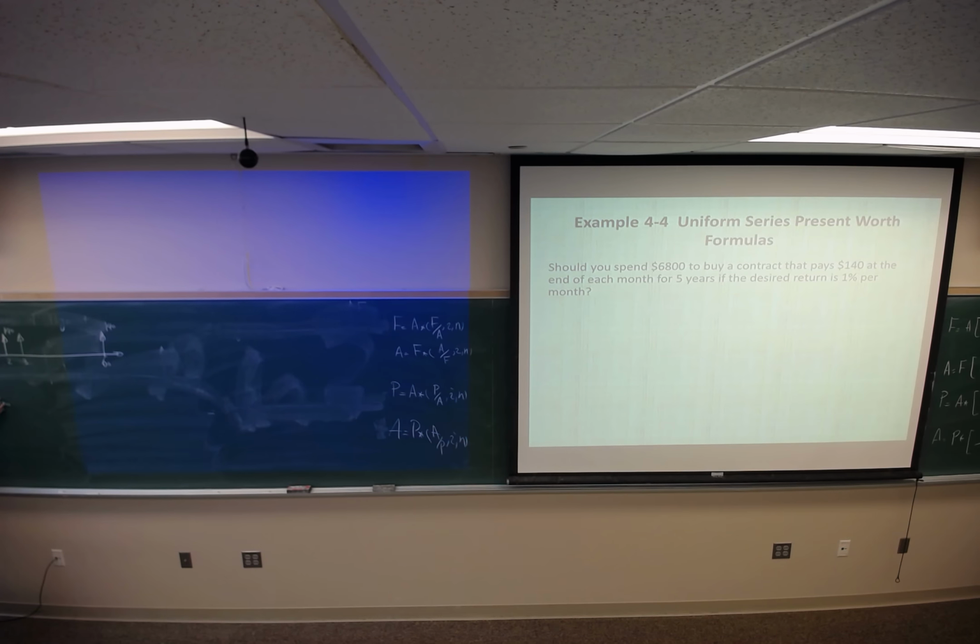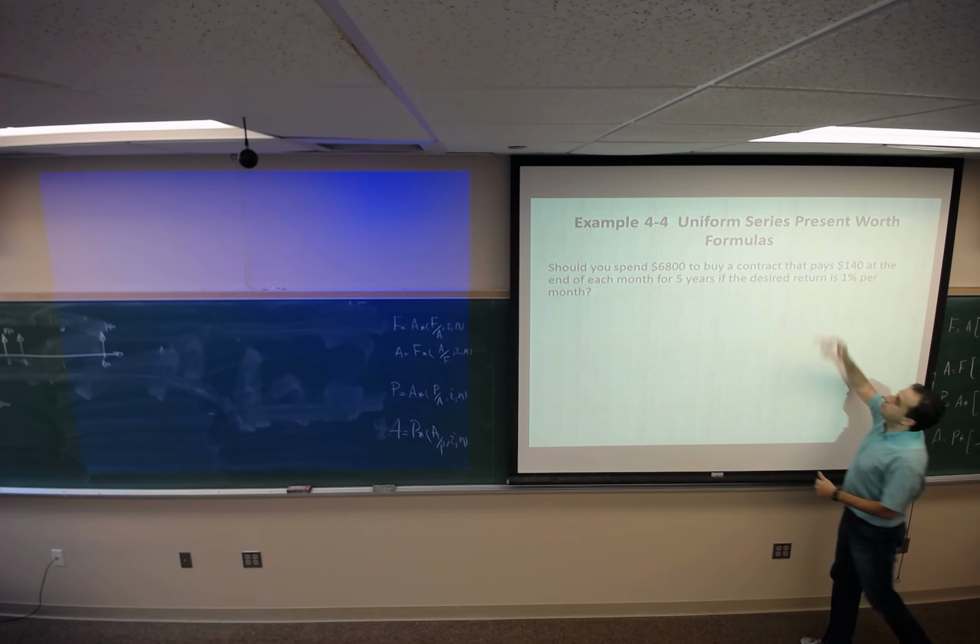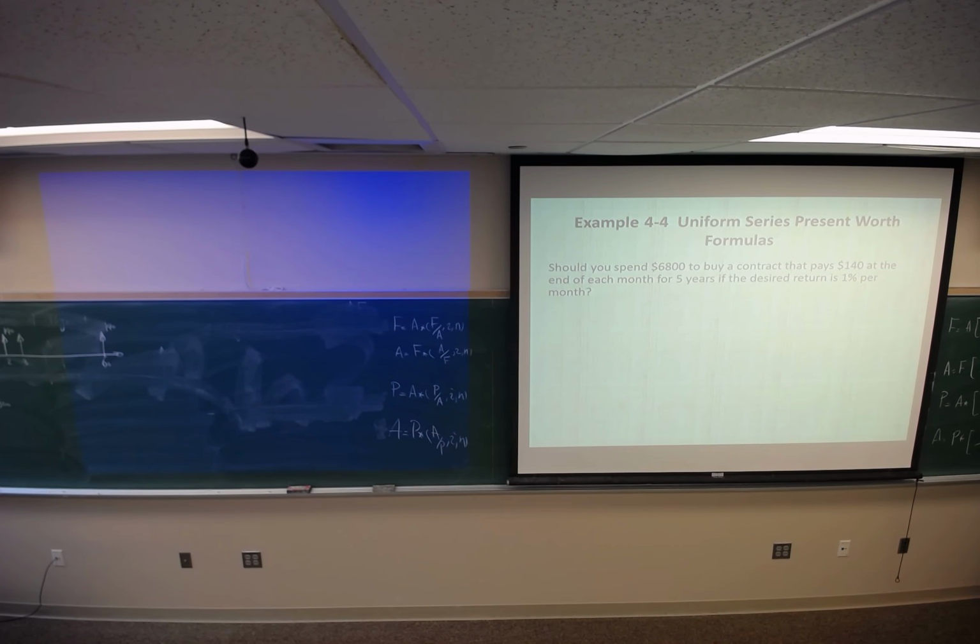Are you going to pay $6,800 and in return get paid $140, or are you going to invest your money in the other project which is going to pay you 1% per month? Clear? So we want to decide about this.